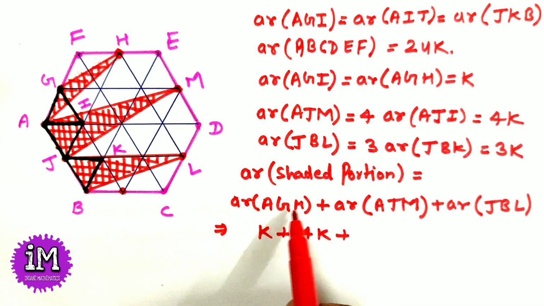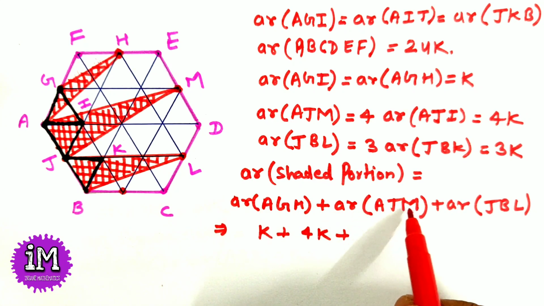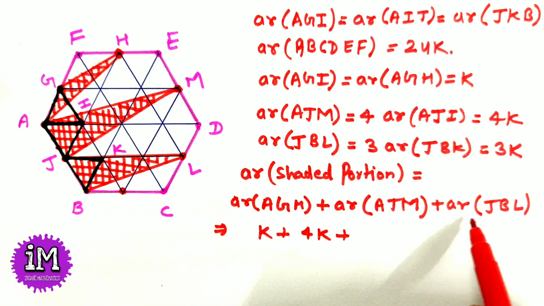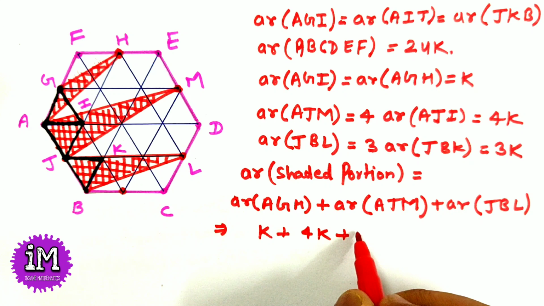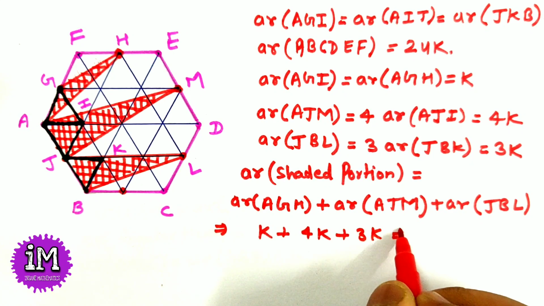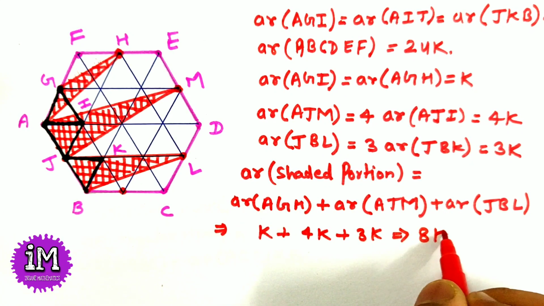The area of triangle AGH is equal to K, the area of triangle AJM equals 4K, and the area of triangle JBL is equal to 3K, so the total will be 8K.